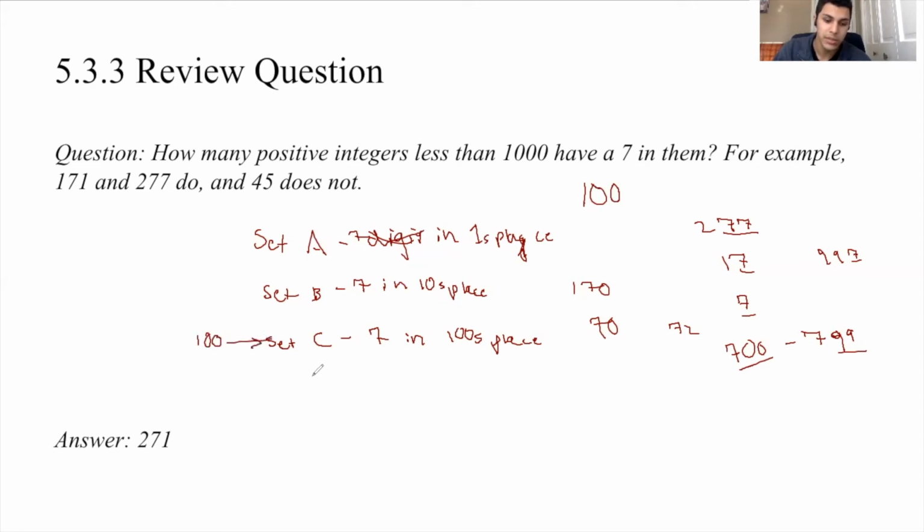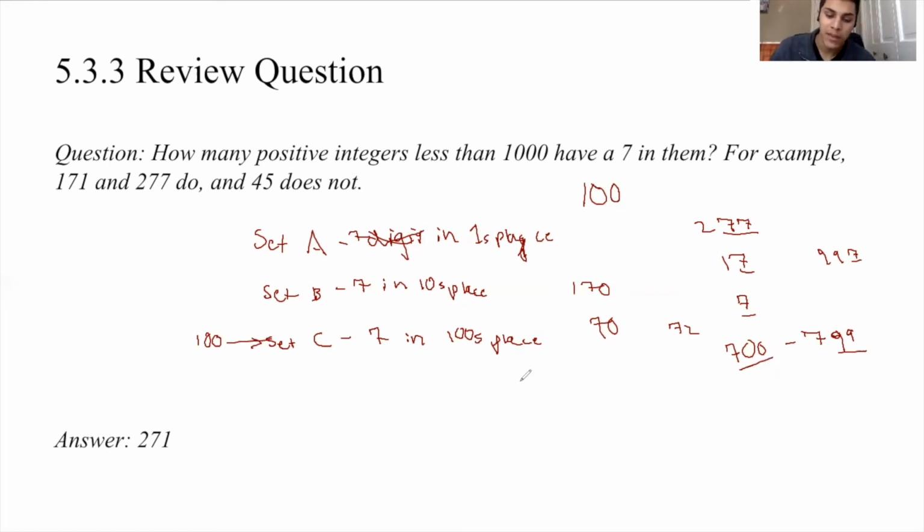So 100 numbers here. All right, now let's go with set B, right? So every time you have a 100s, or like a two-digit number, there are 10 numbers in the 70s, because there's 70, 71, 72, 73, 74, 75, 76, 77, 78, and 79. And that is 10 numbers total, right?